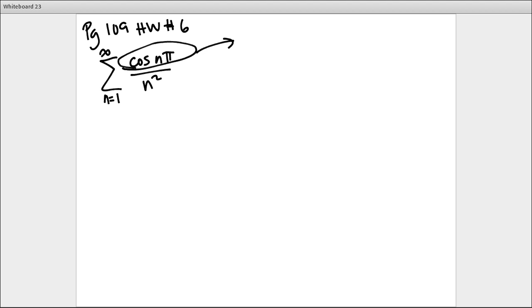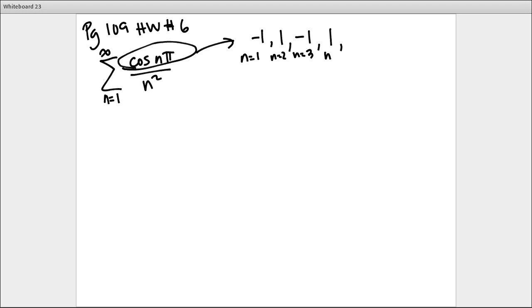So what you want to do is start checking these out, because normal cosine oscillates, right? It goes +1 and -1, like with powers of pi. So when you start with n equal to 1, you'll have cosine of pi, which is -1, and then the next one would be 2 pi, which would be +1, and then -1, and then +1.